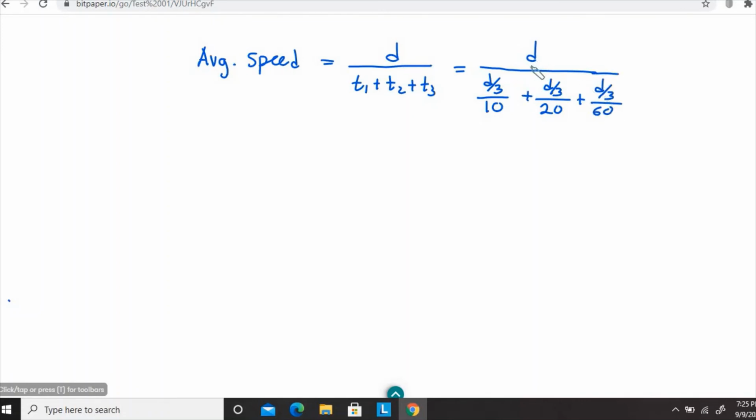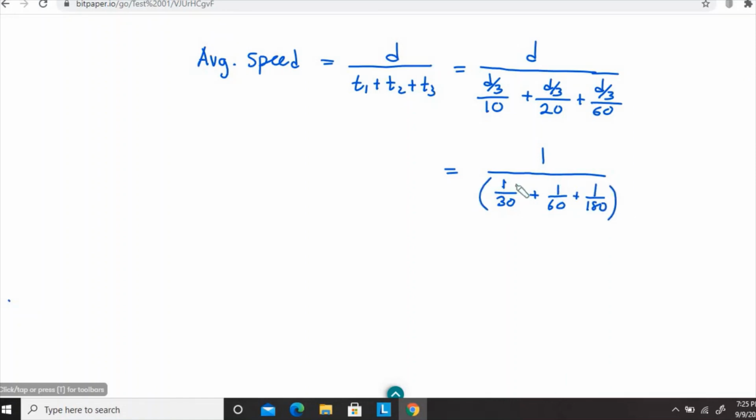You can see the d cancels out from the numerator and the denominator, and then we have 1 over 30 plus 1 over 60 plus 1 over 180.